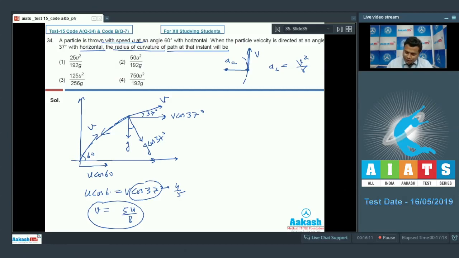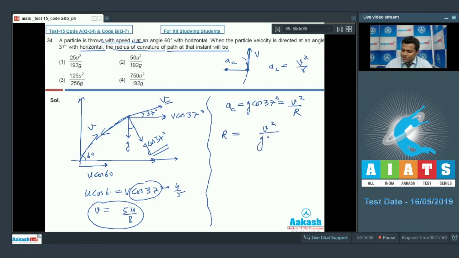So here tangential velocity is v, so therefore we can write g cos 37 is acting like centripetal acceleration. a_c equals g cos 37 equals v square by r, where r is the radius of curvature. So we have r equals v square upon g cos 37.